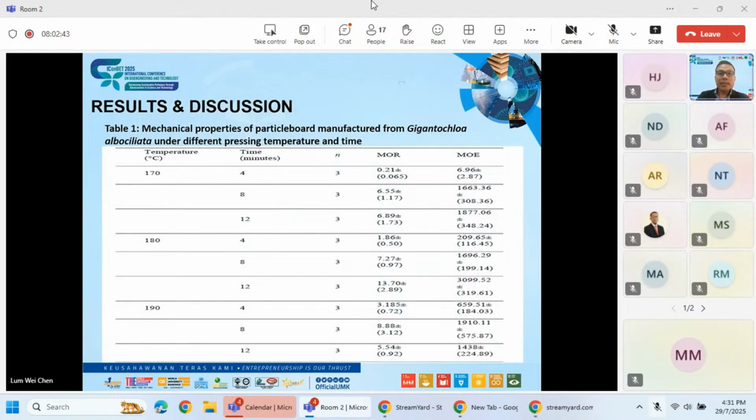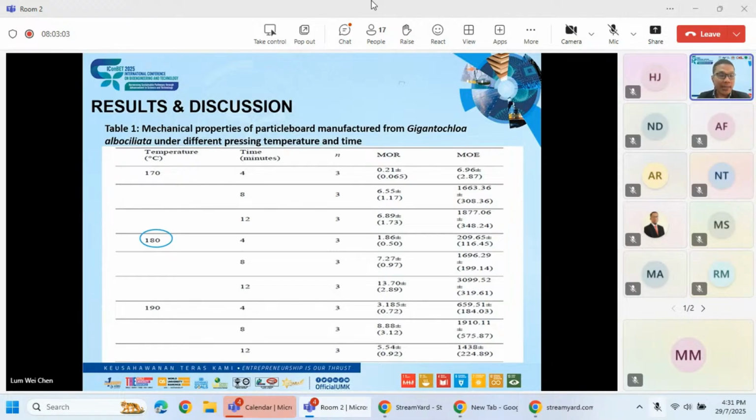All right, so this is the summary of the results of the mechanical properties of the particle panel produced from the buloh madu in this study, which has the scientific name Gigantochloa scortechinii, under different pressing temperature and time.